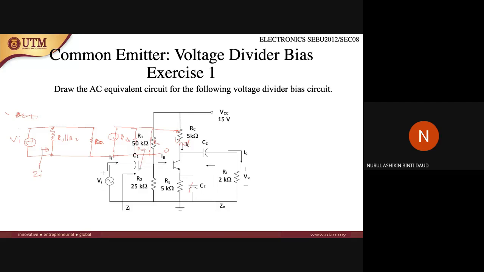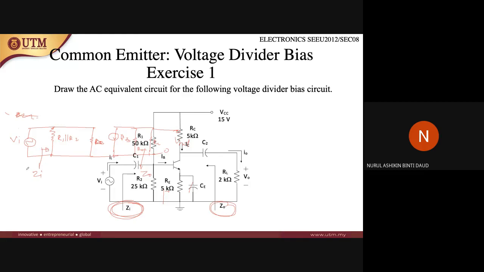So look at where the positions of the input impedance and output impedance are. Sometimes the position of the input impedance is located elsewhere, so the impedance should be placed there. In this case, the input impedance is located before R1 and R2, so it should be placed here.